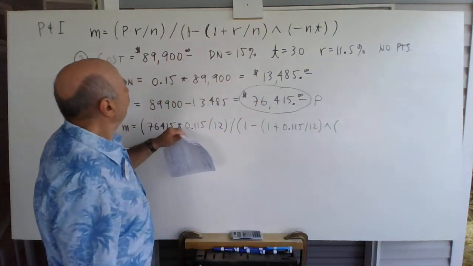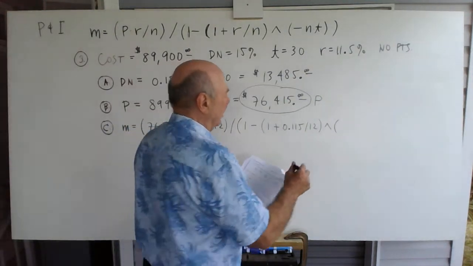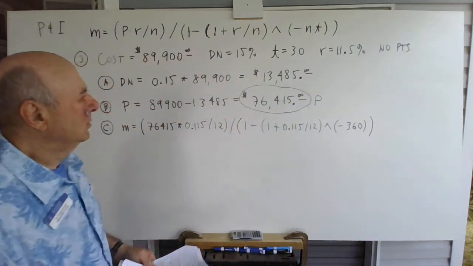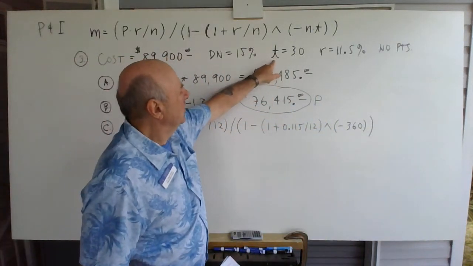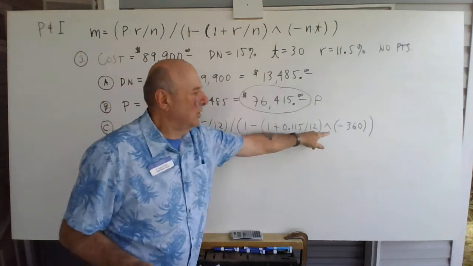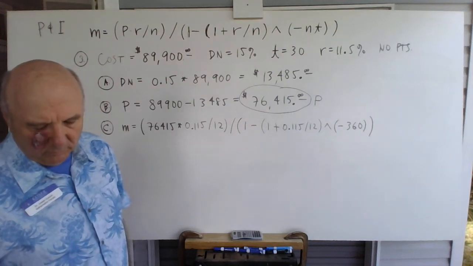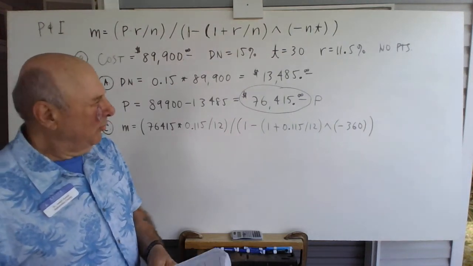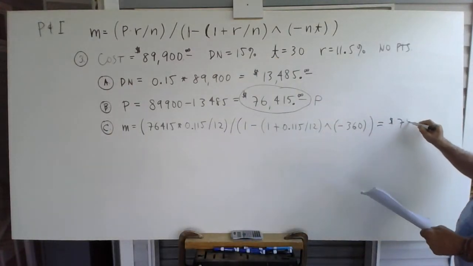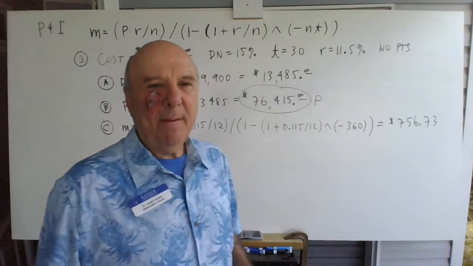And since it's 30 years, it's 360 payments. Right, since it's 30 years, it's always monthly. Mortgages are always monthly, so that's 360 monthly payments. So if you work this out, the monthly payment is $756.73. Okay?